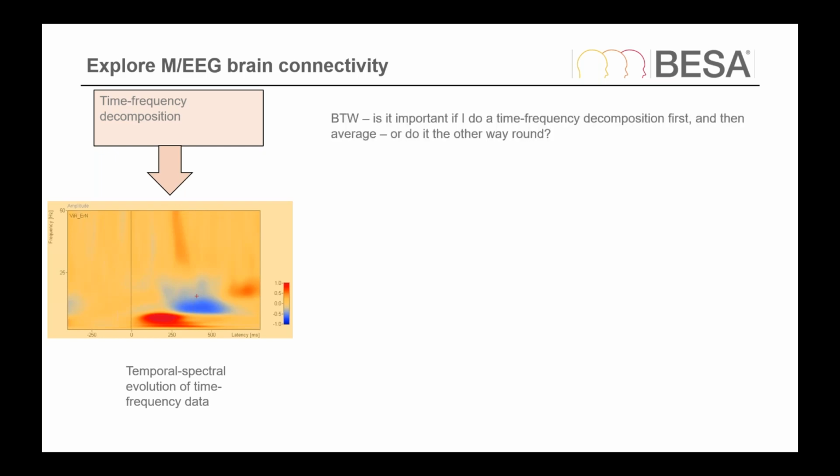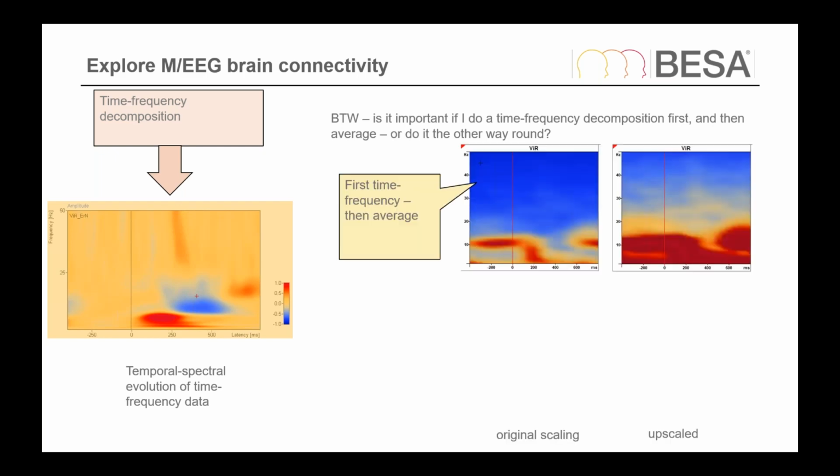Does it get stronger or weaker? And one thing maybe, by the way, we should talk about: is it even important if I do a time frequency decomposition first and then average, or can I do it the other way around? So let's just have a little side look at this scenario. Say I do a time frequency decomposition over all my trials and then average them together, and it would look, for example, like this, or if I scale it up, it'll look like on the right side.